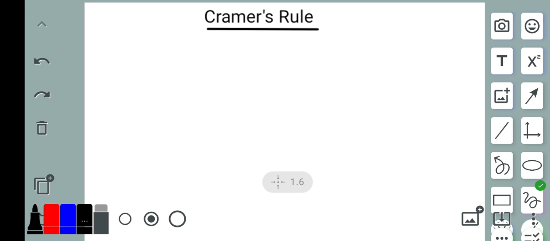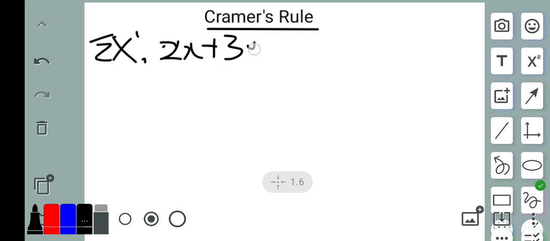Let's look at an example. Let's say we are given 2x plus 3y equals 7.